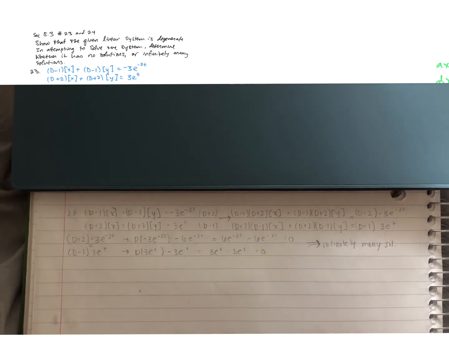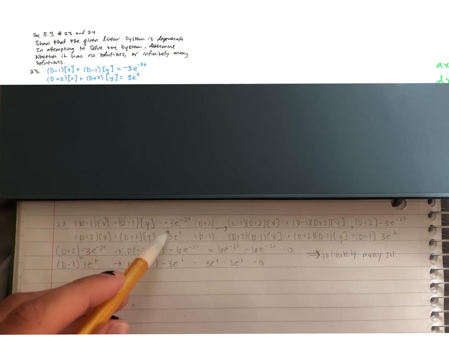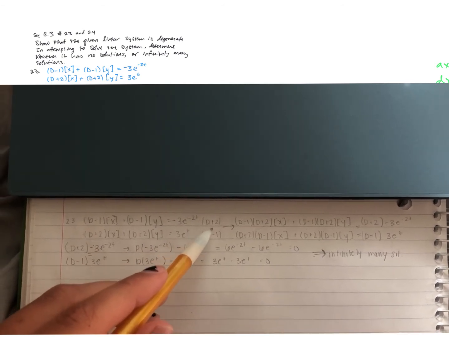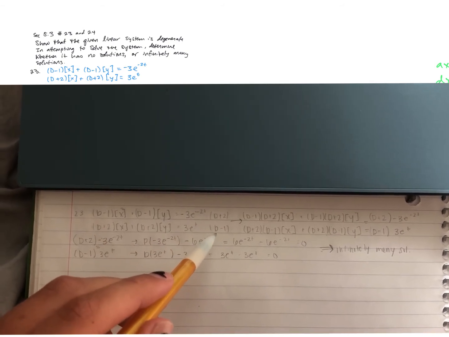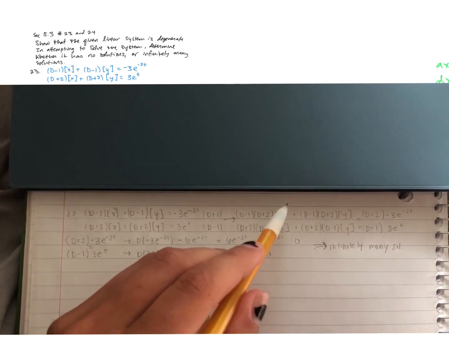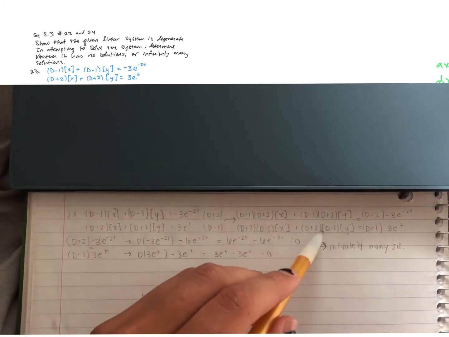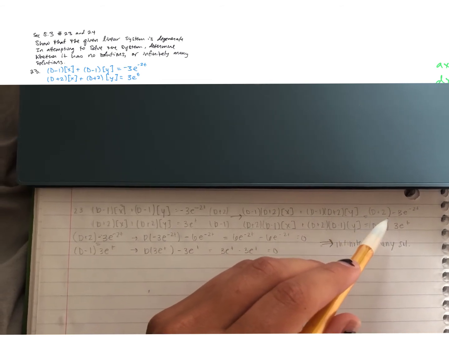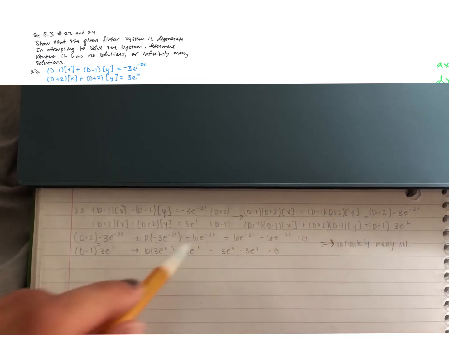Okay, so this is number 23. These are the original equations we're given. So I multiplied the first equation by d plus 2 and the second equation by d minus 1 to get these equations. And then these will cancel out. So you're left with this equal to this.